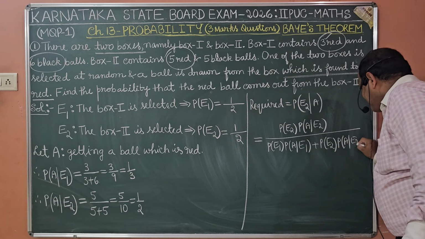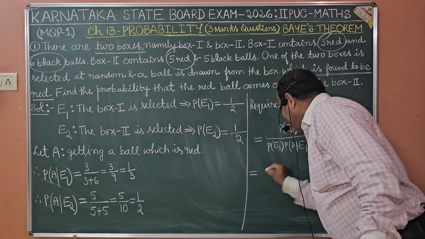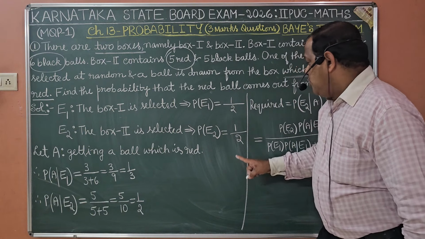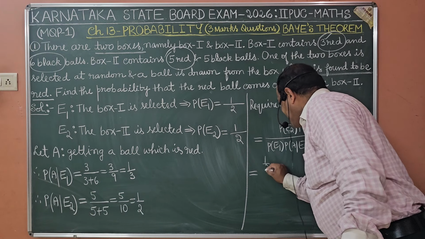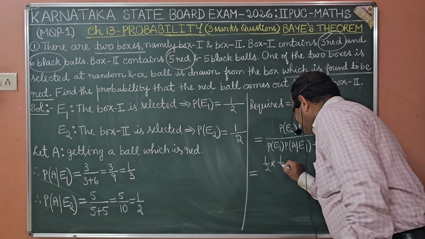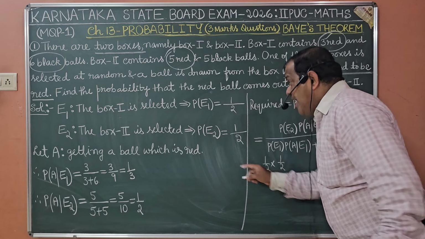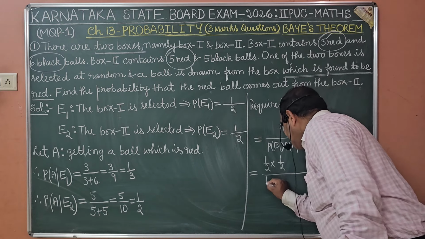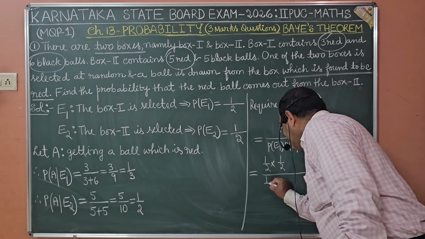Let us substitute and simplify. P of E2 is half, into P of A given E2, also half, divided by P of E1, half, into P of A given E1, 1 by 3, plus half into half.